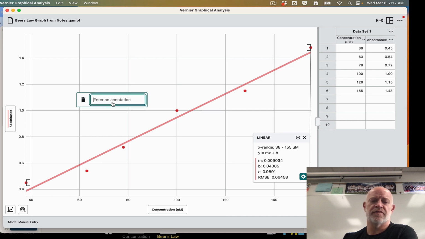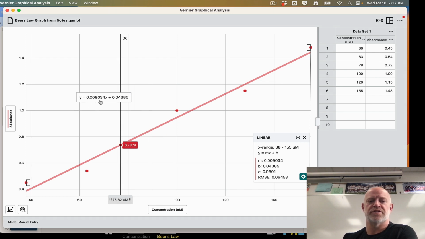If we do that and we find that slope, it ends up being this, y equals 0.009034x plus 0.04385, okay? Now that we know this line equation, all concentrations of this solute will follow that line, which means as long as we can find the absorption of anything that we make, we can plug it into this equation and we can find the concentration of it, okay?